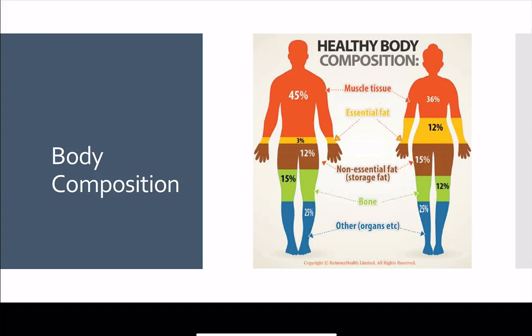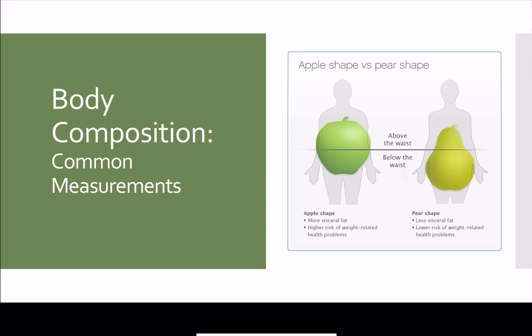So there's a lot of different ways of taking these measurements. Let's first just talk about fat distribution. Instead of percentages of lean and fat, just where is the fat in the body? And it matters because I'm sure you remember this whole apple versus pear shape, where the apple shape has more visceral fat and has a much higher risk profile for cardiovascular and endocrine disorders.